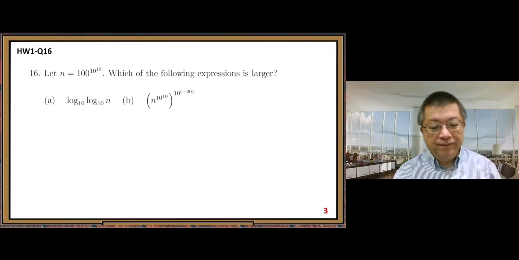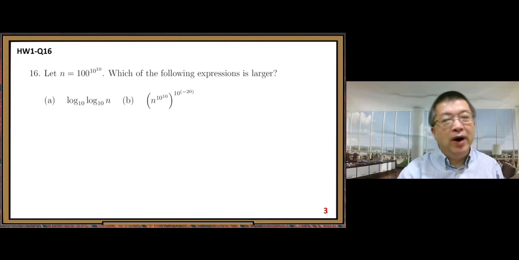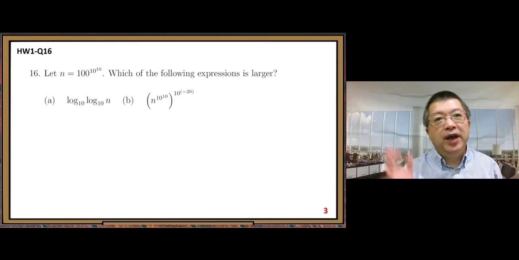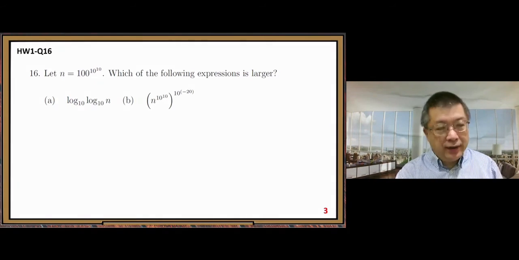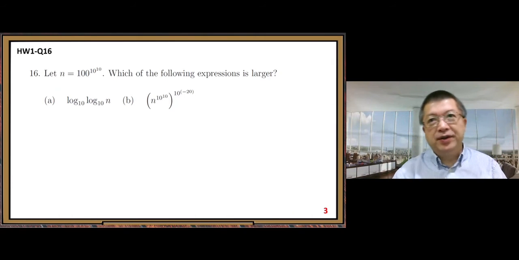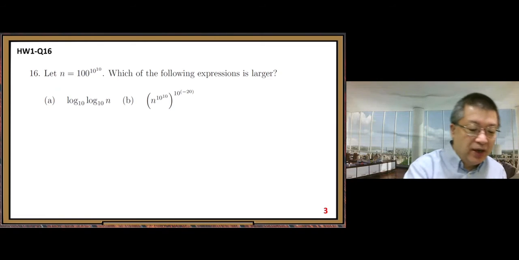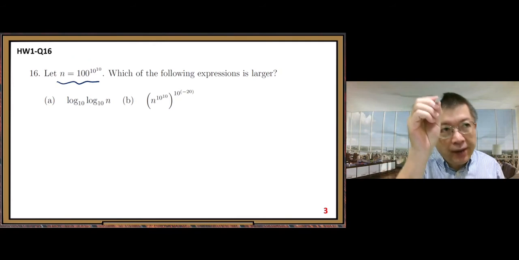This one, actually we did a similar one in an example. I remember we did a similar one. I give you a little more complicated question. In this question, you can see n is given very large, 100 to the 10 to the 10th.